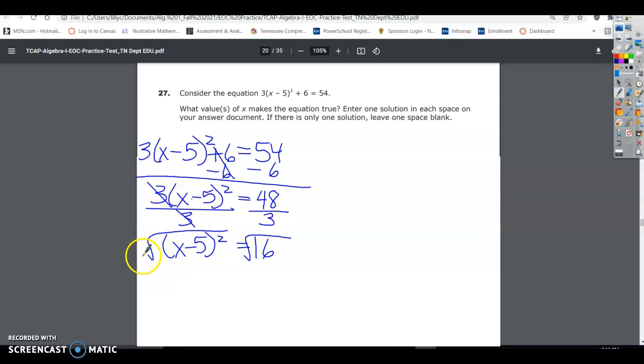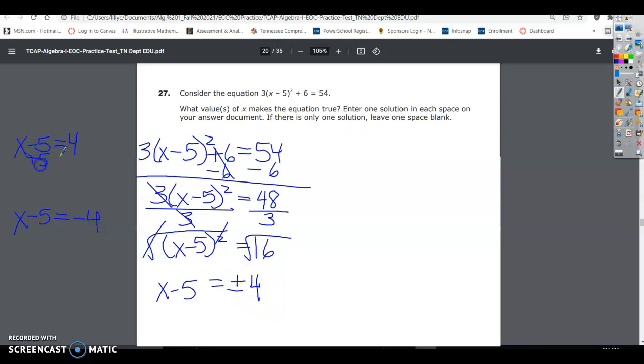Now remember, the square root cancels a squared term, but we also had a variable here, so we have to put a plus or minus, and the square root of 16 is 4. That means there's going to be two solutions. So x minus 5 equals positive 4, and x minus 5 equals negative 4.